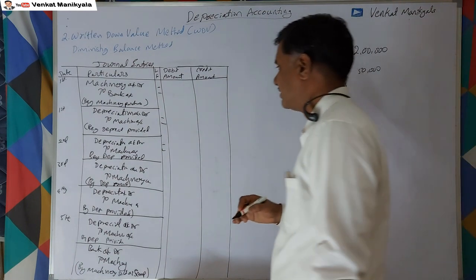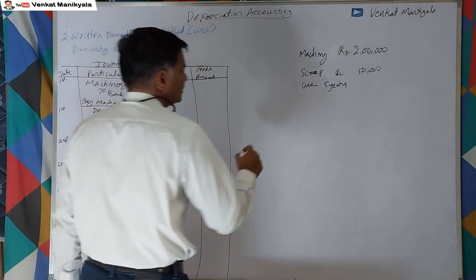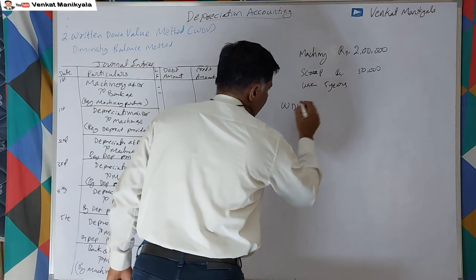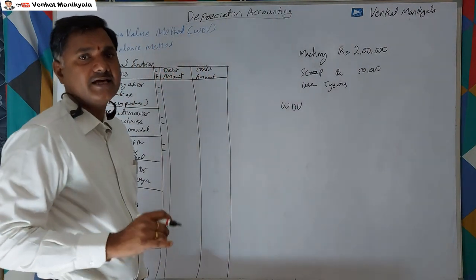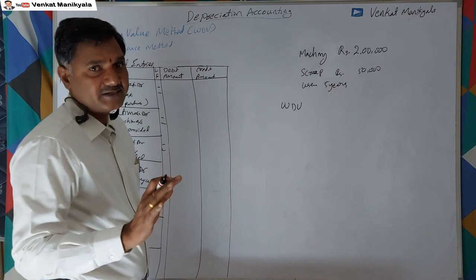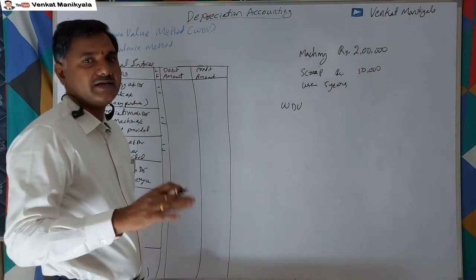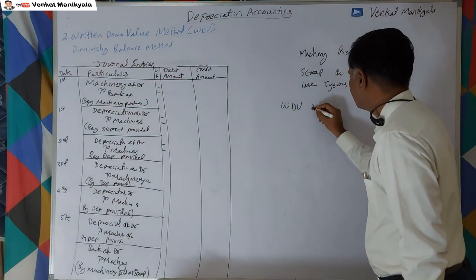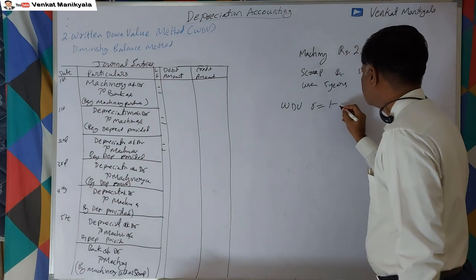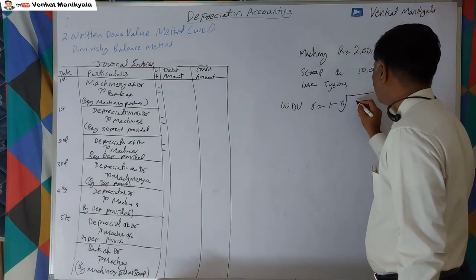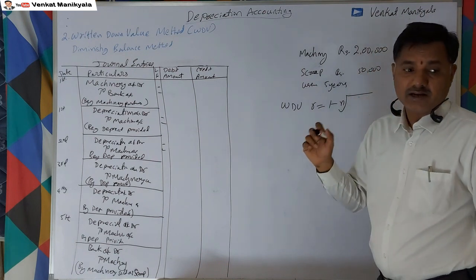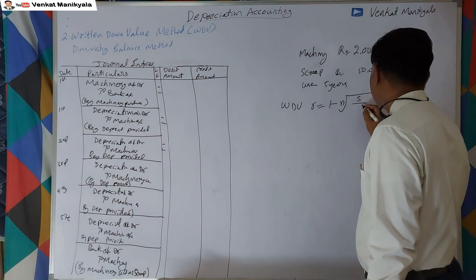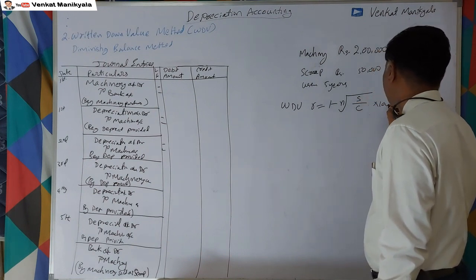So what is the formula for the diminishing value method? That is the WDV method. Under WDV, first we have to find out the depreciation rate. We cannot find out every year's depreciation by using the formula. We can find out the rate of depreciation, right? So what is the rate for this? The rate is equivalent to 1 minus nth root of scrap value divided by cost, multiplied by 100, right?